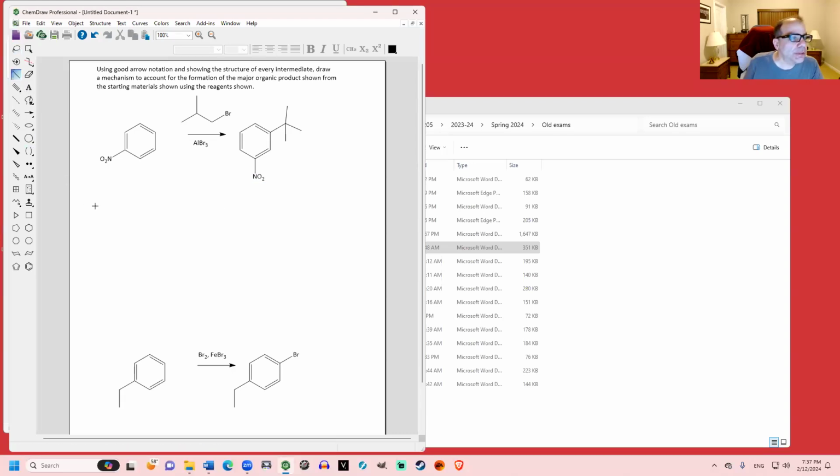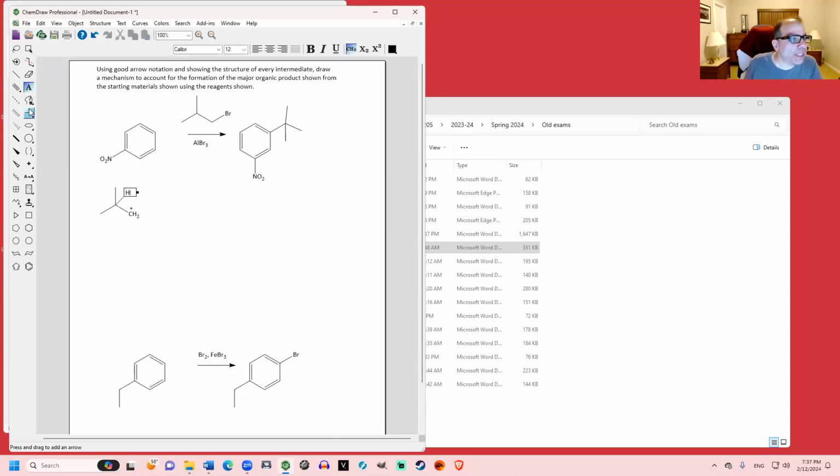And so you remember in the Friedel-Crafts alkylation, what we start with is you show the carbocation that you get when pulling off the halogen and leaving a plus charge behind. So this is what we will start our mechanism with. Now, this is a secondary carbocation, and it can rearrange by a 1,2 hydride shift.